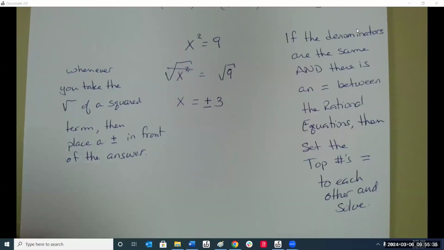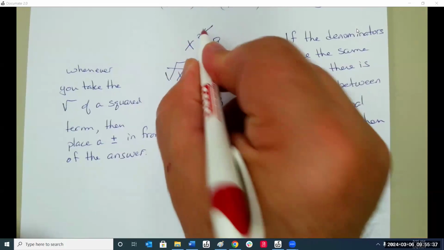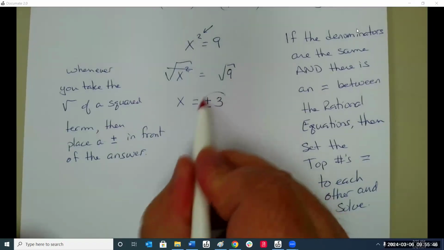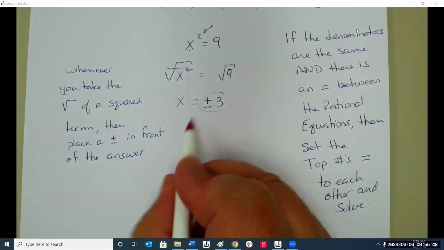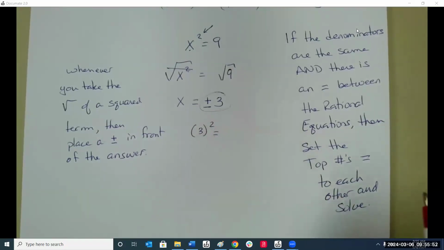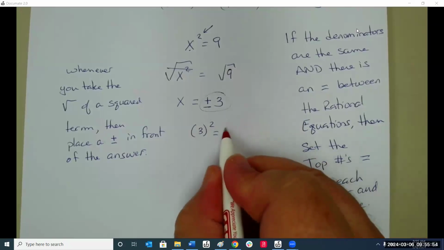Because first off, we look at the degree, the largest exponent. What does that tell us? We have two answers. These are the two answers. In other words, if I put a positive 3 inside there and I square it, what do I get? 9.